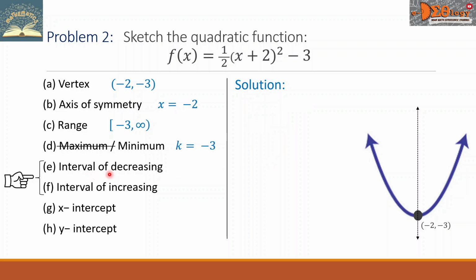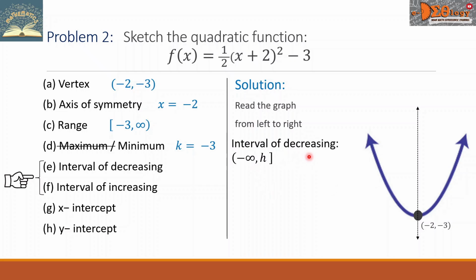Then interval of decreasing and interval of increasing. Note that we're going to read the graph from left to right. For interval of decreasing, notice that our interval is from negative infinity up to h. We got the h already, that is negative 2.